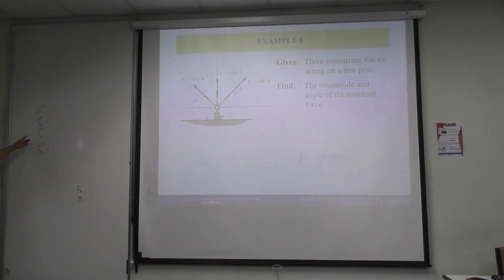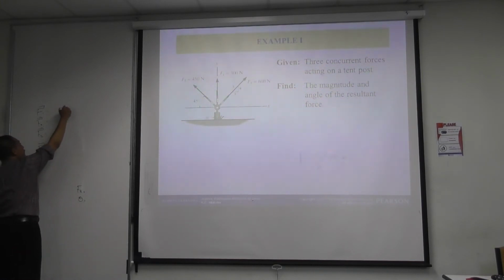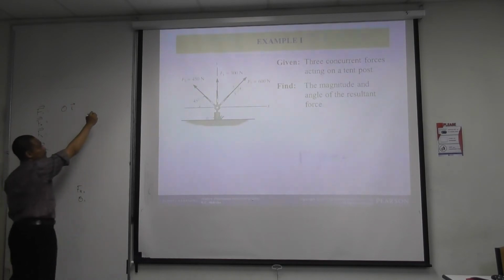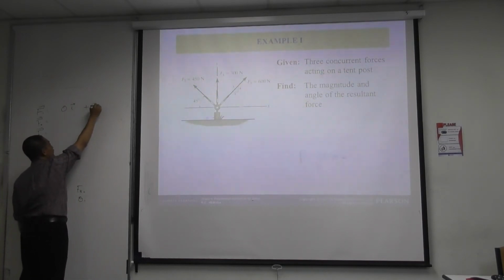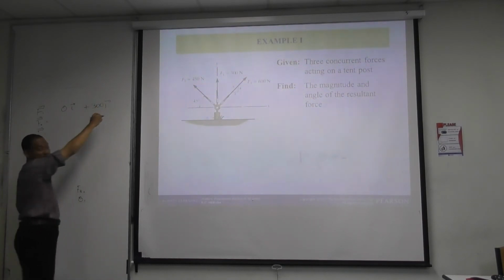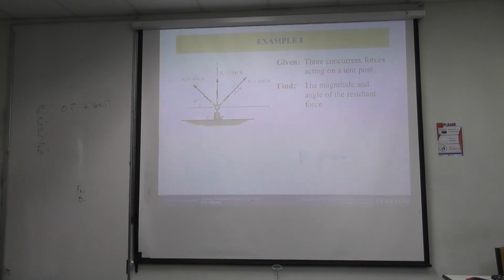Okay, resolving this one, any problem? F1. What's the x component? 0i. The y component? 300j. Anyone have a problem here? No one. F2, what's the x component? F2 is here. What's the x component? Let's say from the calculation it's minus. Is it minus?